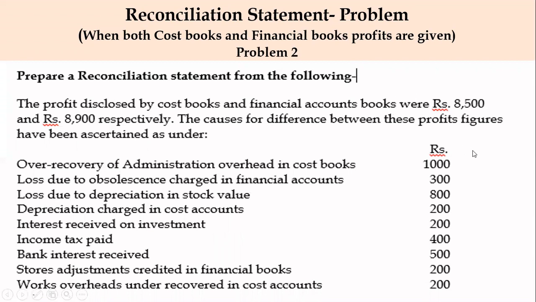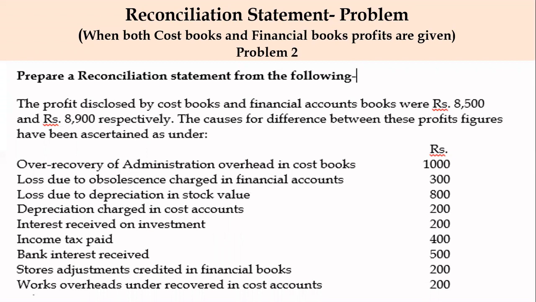So before going to solving this problem, you have to identify those items which you are going to add and deduct. Before that, just decide which profit you are going to take as a base. If you take cost base, you have to identify in advance what items are to be added and what items are to be deducted.